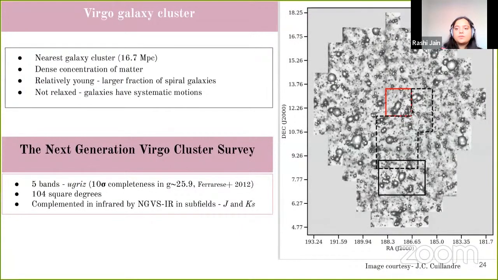The red part of the field is already studied around M87, and the black part of the field is what is reduced and analyzed in this work. Here is the field around M49. At the center of this field is M49, and this region is where the intracluster globular clusters are studied.